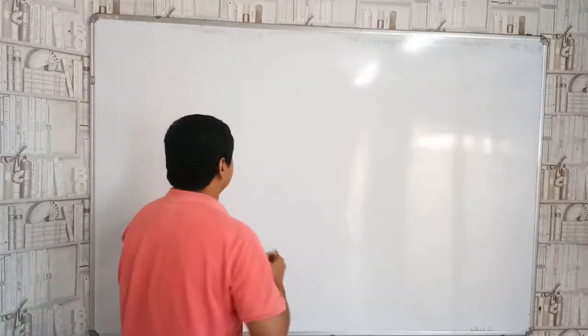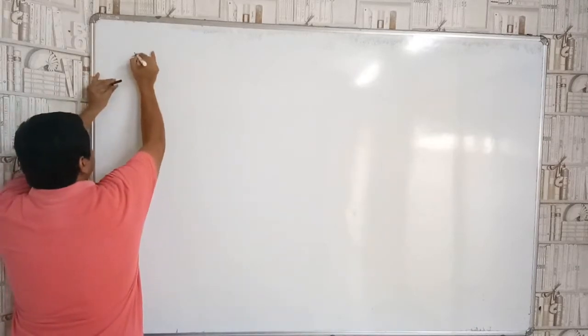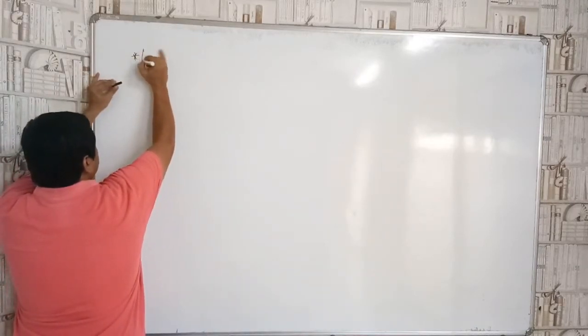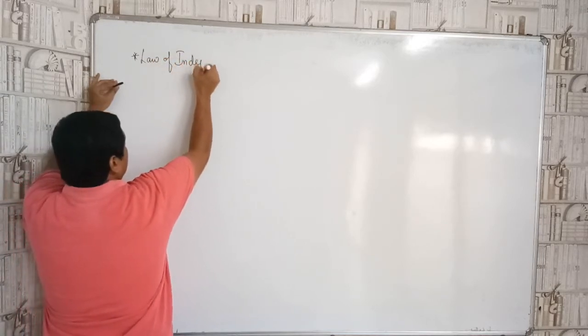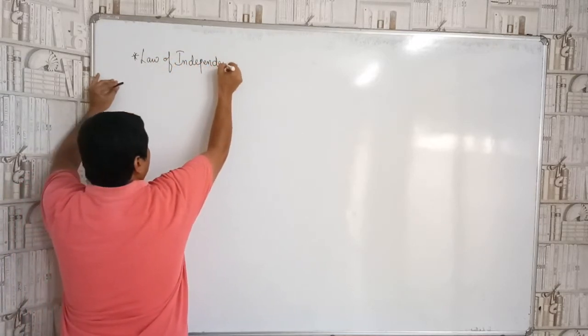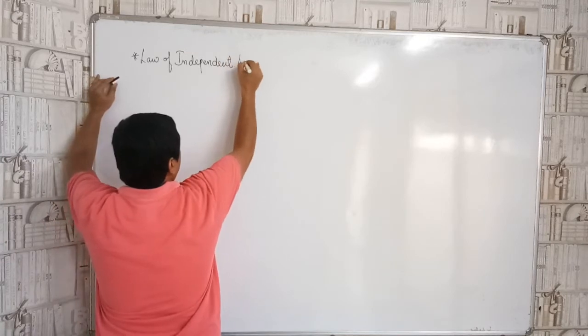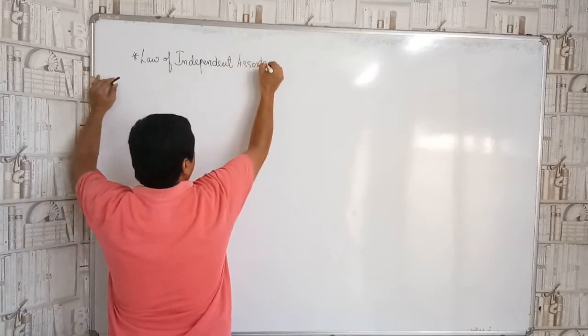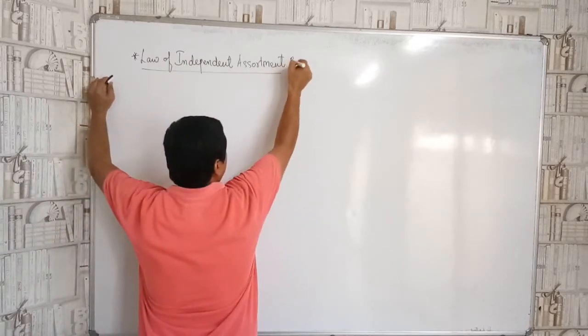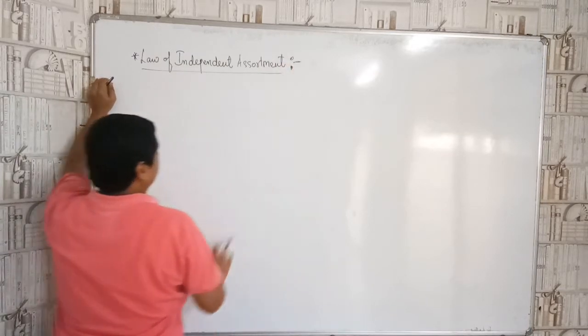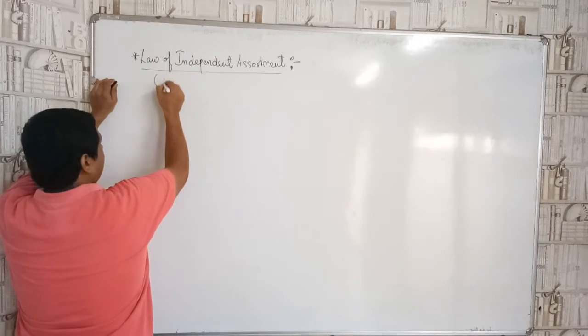Now the law of independent assortment, what it says here, and we can say dihybrid cross. Independent assortment. Okay, now that is the dihybrid cross.